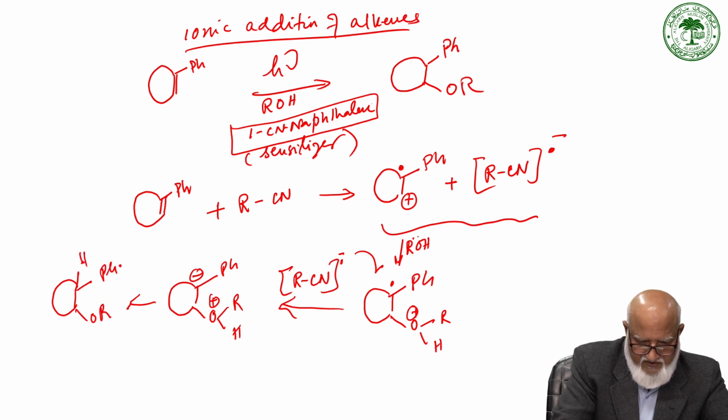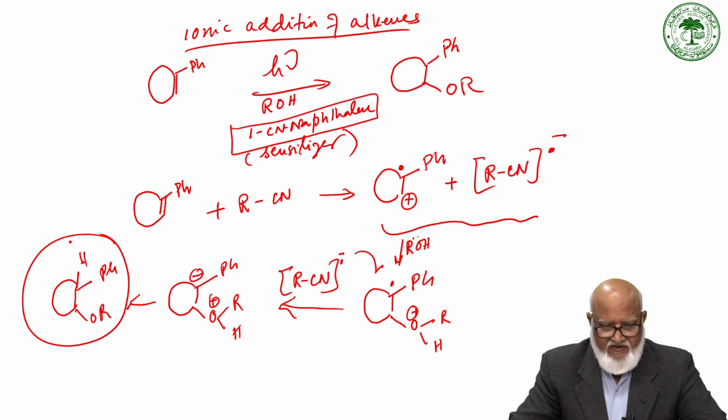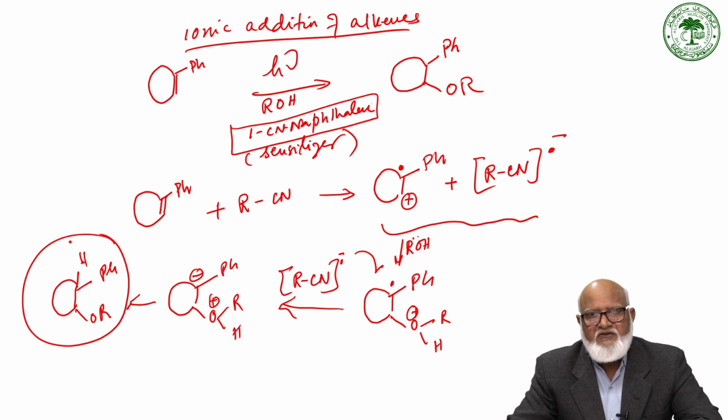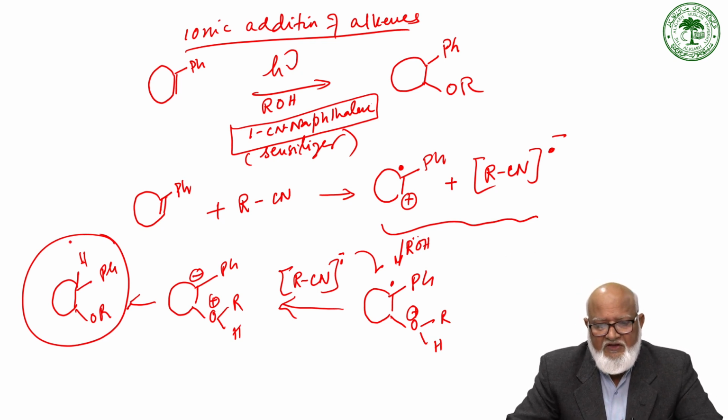So anionic addition across the alkene has also been reported in the sensitized photolysis, the sensitizer being 1-cyanonaphthalene, giving a very good yield of this addition product.